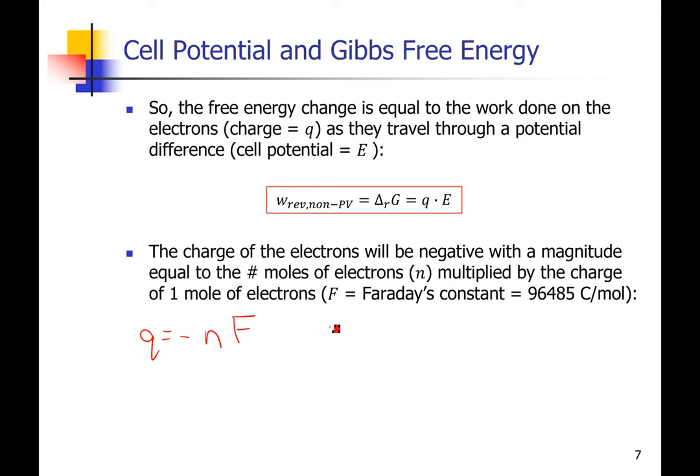And we could therefore say that the free energy change for our reaction will be equal to negative moles of electrons times Faraday's constant times cell potential.